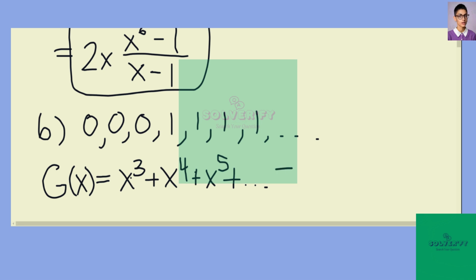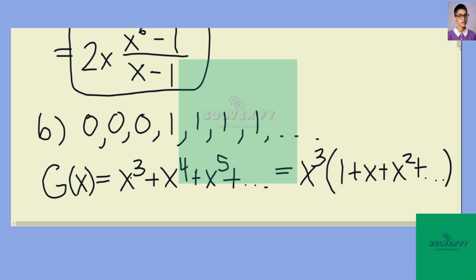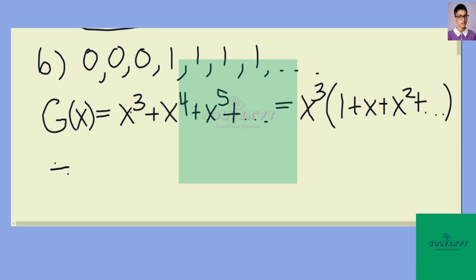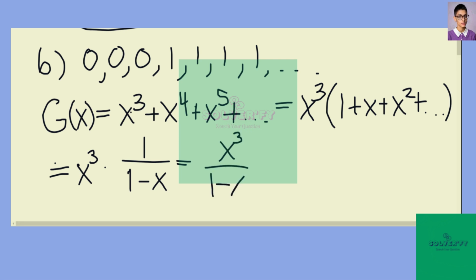This is equal to, if you factor out x cubed, 1 plus x plus x squared, and so on. And this is equal to, by a theorem, x cubed times 1 over 1 minus x. And this can be abbreviated as x cubed over 1 minus x.